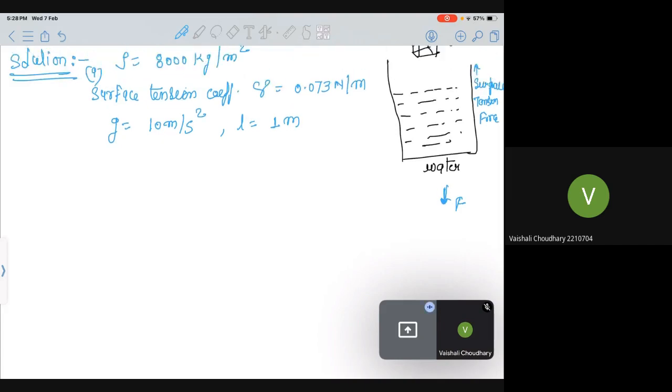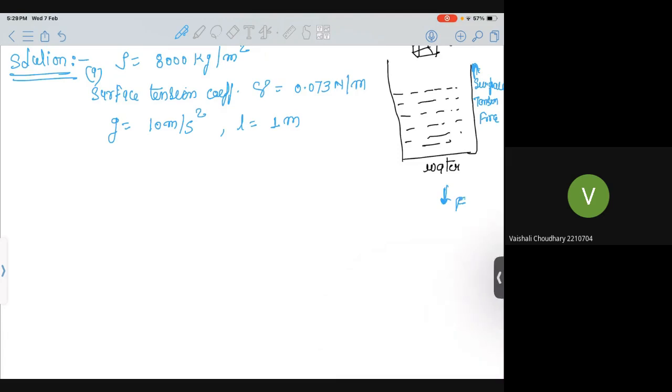The surface tension force will act in this direction, and the water will create a force in that direction. Okay, so first we'll calculate the downward force. Downward force, we'll denote it with FW due to the water, is m times g.